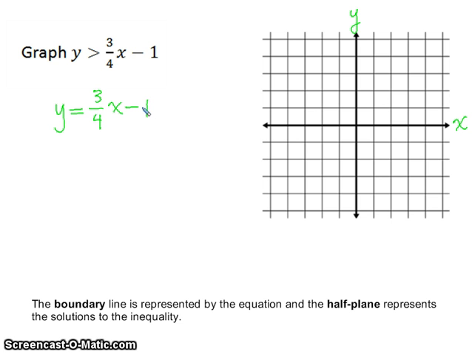So our slope, because we're in slope-intercept form, is 3/4, and my y-intercept is (0, -1).